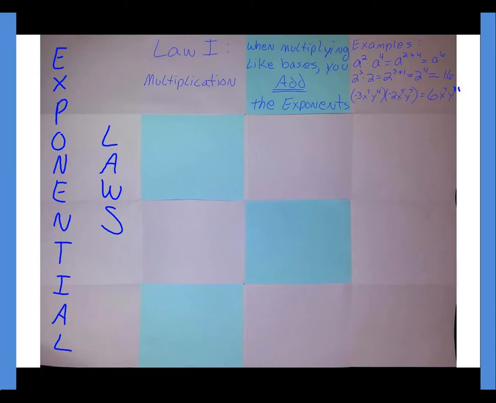Also, 2 to the third multiplied by 2 is equal to 2 to the third plus 1, which equals 2 to the fourth, which is equal to 16, because 2 times 2 times 2 times 2 is 16.